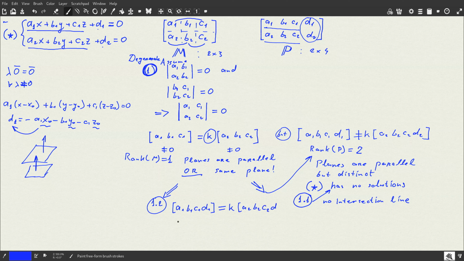So in this case, the rank of P is equal to what? 1. Rank of P is equal to 1. In this case, what can we say about our planes? It is the same plane.